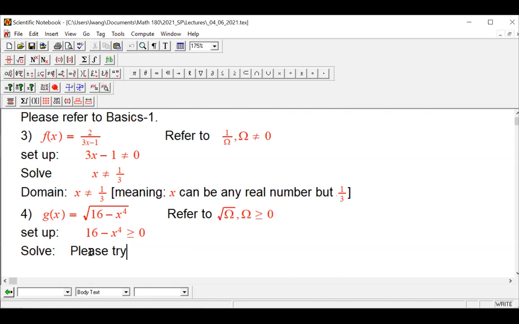What did you get? There are multiple ways to solve this inequality. So how do we solve that inequality?